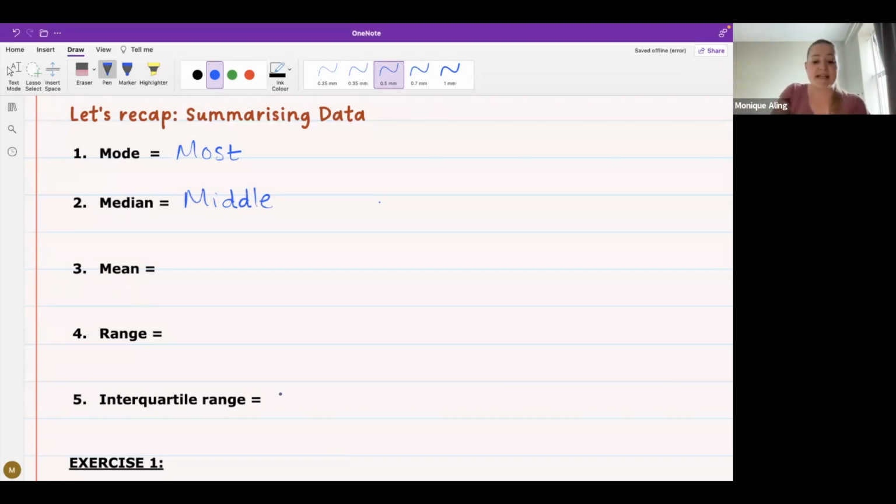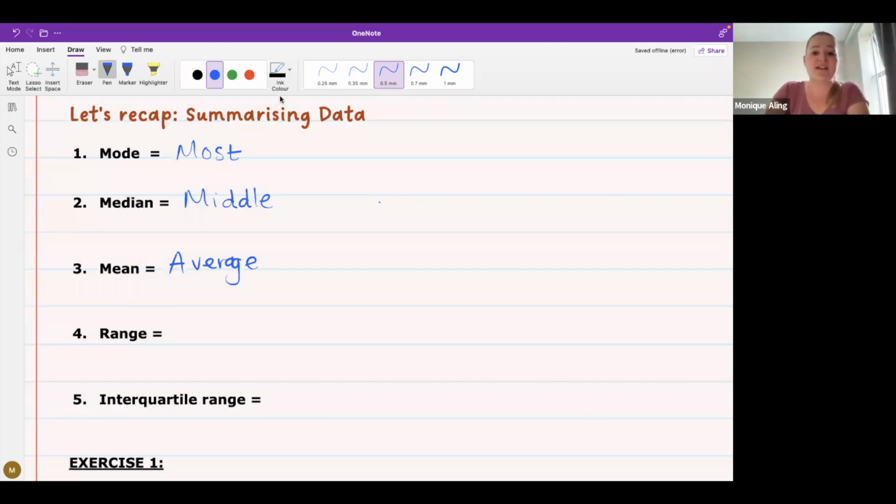Good. Mean is average. Good, Asipe. Soleka, good. Panele, nice, you gave us the actual formula.